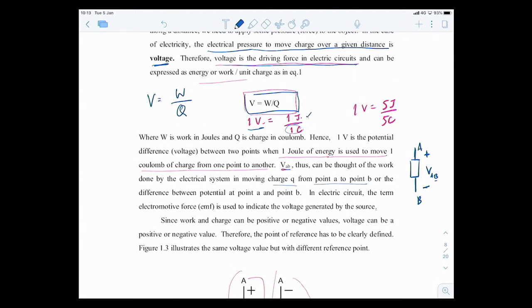There must be a difference: the potential at A is higher than the potential at point B.